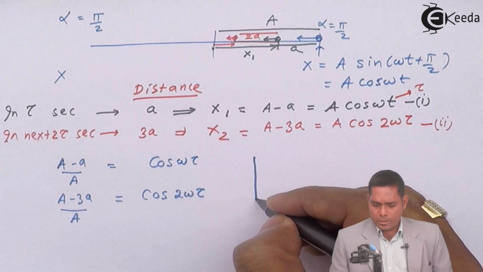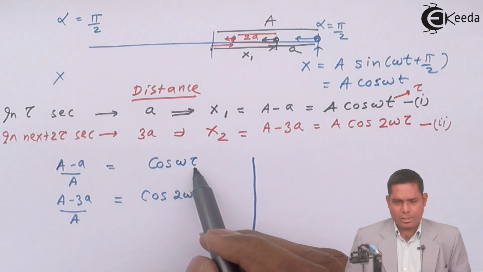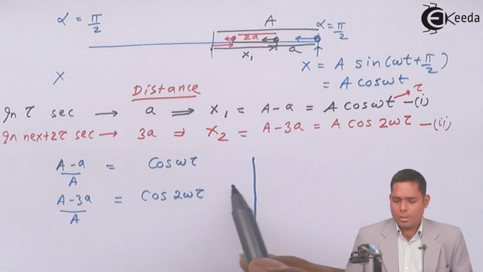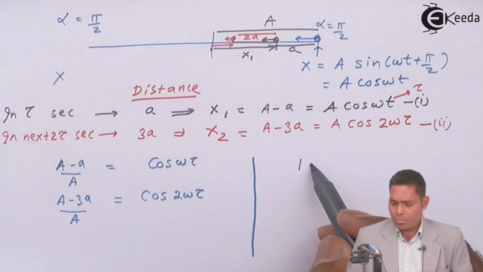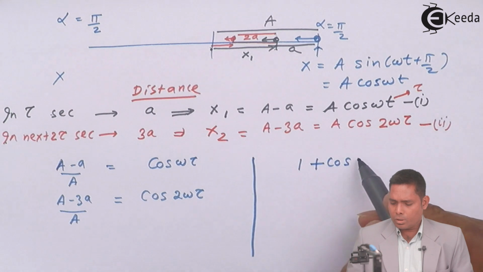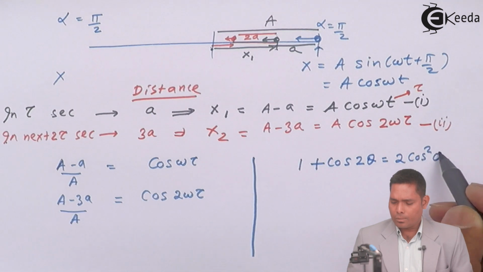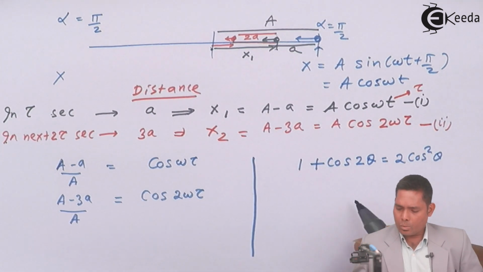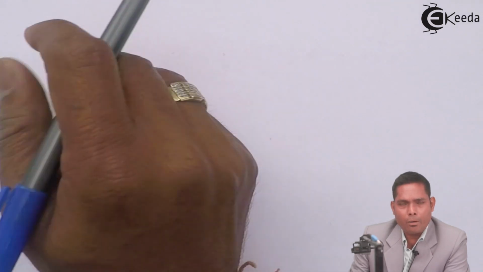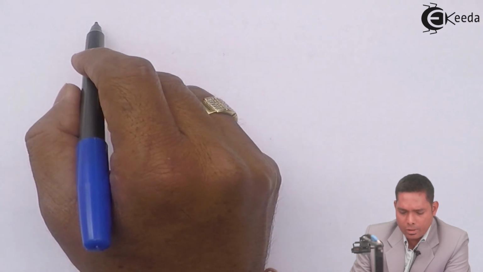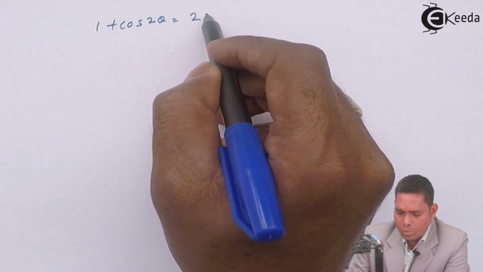Now we have these two, how to eliminate them? If I consider this as theta, then this will be 2 theta, and cos 2 theta and cos theta are related like this: 1 plus cos 2 theta is 2 cos square theta.